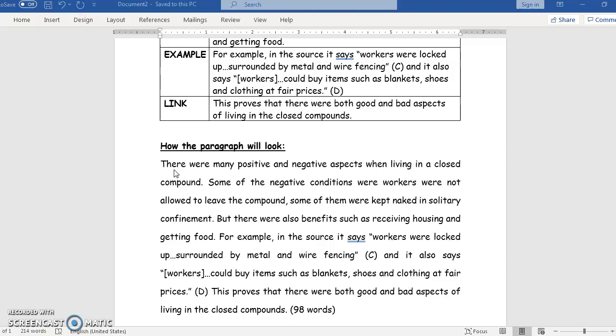C. And it also says workers could buy items such as blankets, shoes, and clothing at fair prices. D. This proves that there were both good and bad aspects of living in the closed compounds. So do you see how that compiles a complete paragraph that follows the PEEL format: point, explain, example, and link?